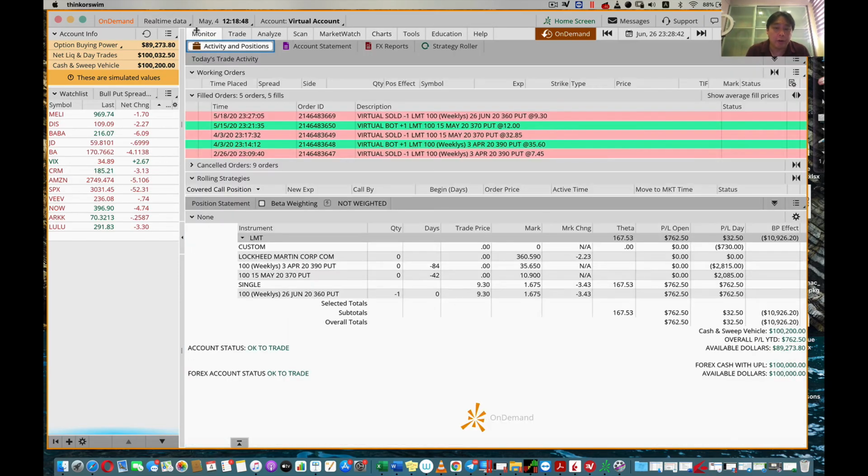So if I close this trade, I will have to close it at 1.67. So I sold it at 9.30. I close it at 1.67. Let me close it at 1.67.